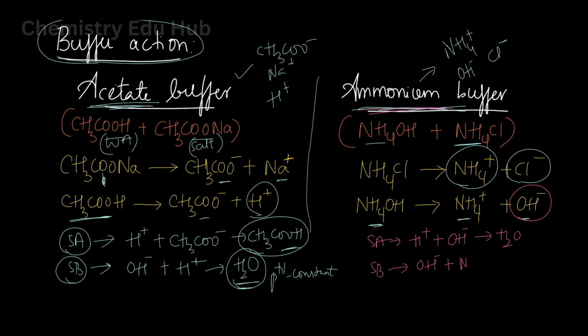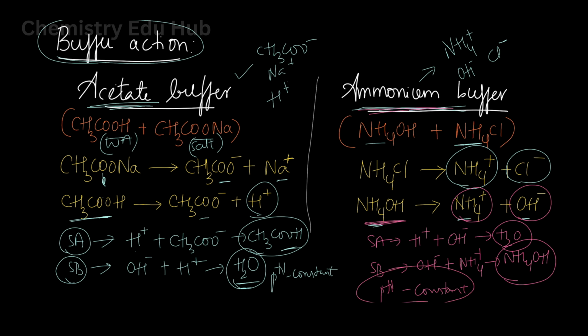Those OH minus ions combine with the NH4 plus present in the buffer to form ammonium hydroxide, that is the weak base. So in both the cases, it is helping in resisting the pH change, and hence the pH remains constant. This way, an acid buffer or a basic buffer works in many reactions.